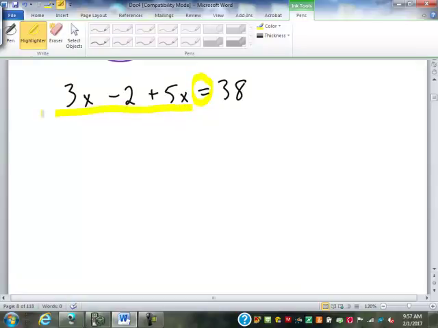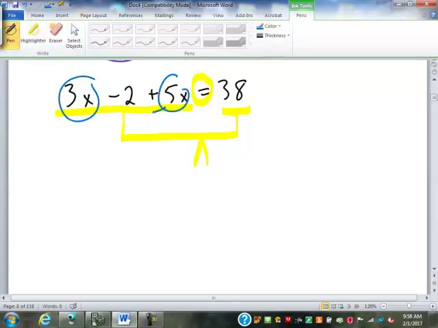And we see the variable appears twice. There's a 3x and a 5x. But if I'm thinking of that balanced scale still, both the 3x and the 5x are on the same side of the scale. So can we just push them together in one big pile? Would that change the balance of our equation at all? No, it wouldn't. We can go ahead and push them together.